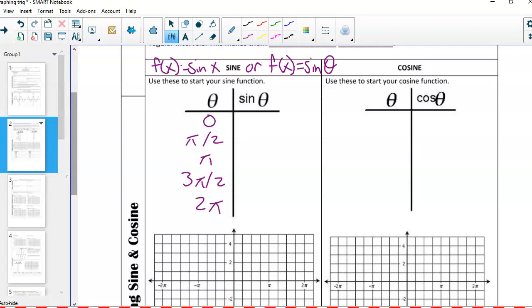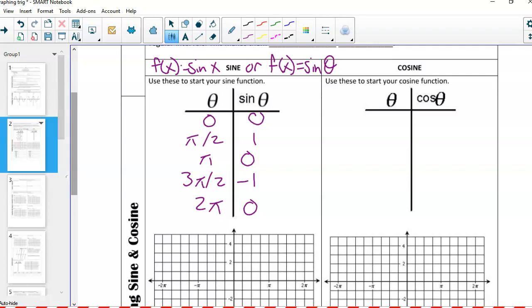What is the sine of 0? Zero. The sine of pi over 2? 1. The sine of pi? The sine of 3 pi over 2? And the sine of 2 pi?